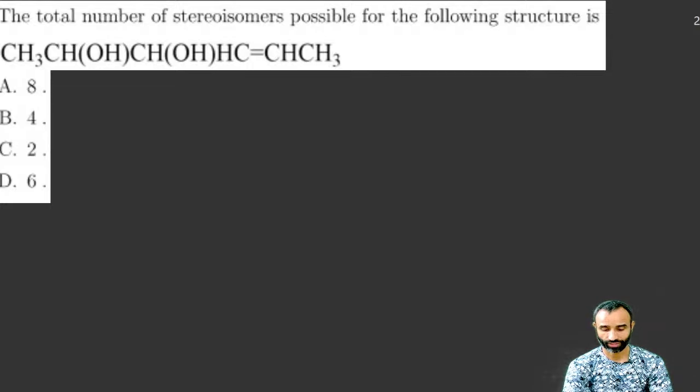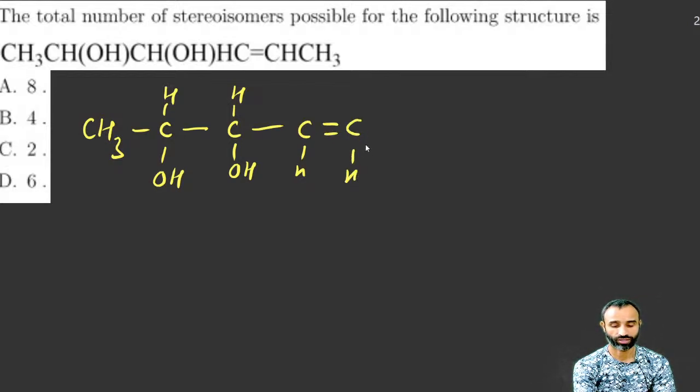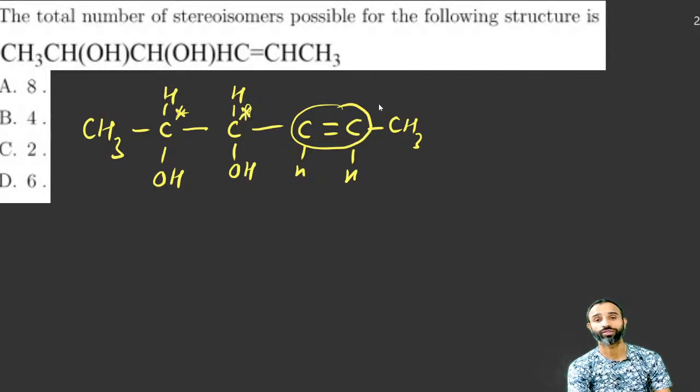I think this question we have done. Okay, the chiral center will be considered. Just find out the chiral centers. This is the first chiral center, another chiral center, and this is called a stereo center. This is not a chiral center because it will give geometrical isomer. We'll get 8 products, sir.